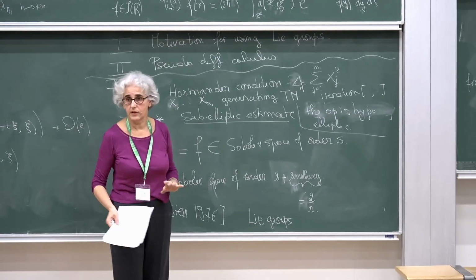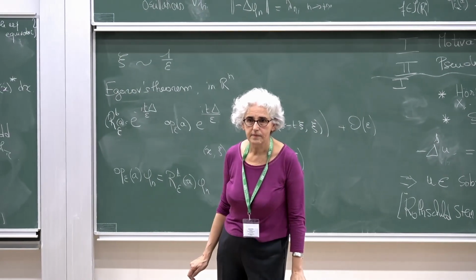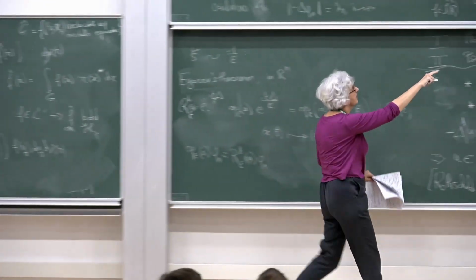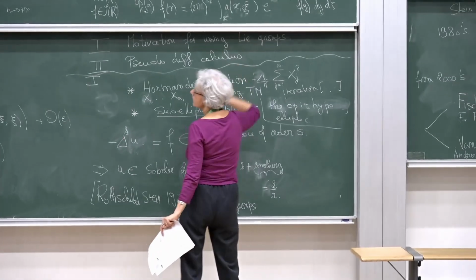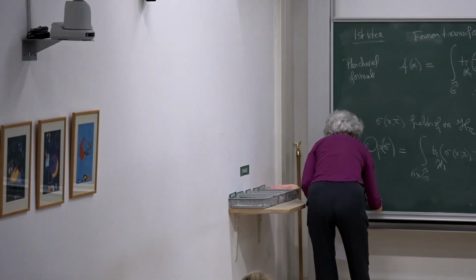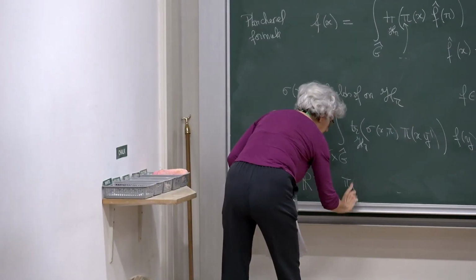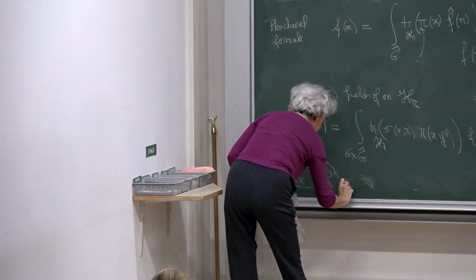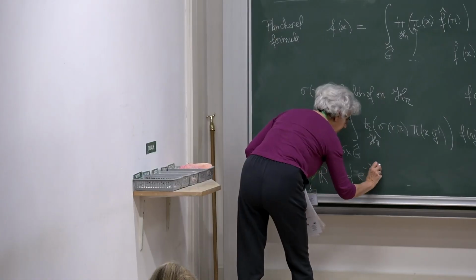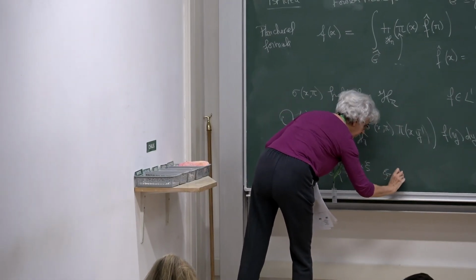Yeah. Can you recover the classical Fourier transform? Yeah. So, for example, if your G is just R^n, the dual R^n hat is just the multiplication by exponential minus i x xi, with xi in R^n.